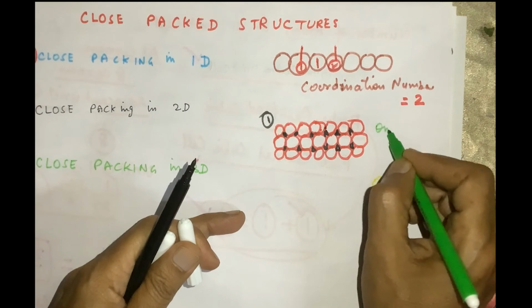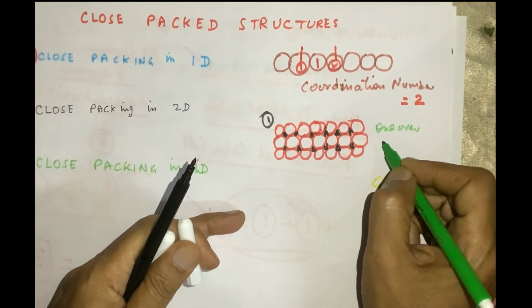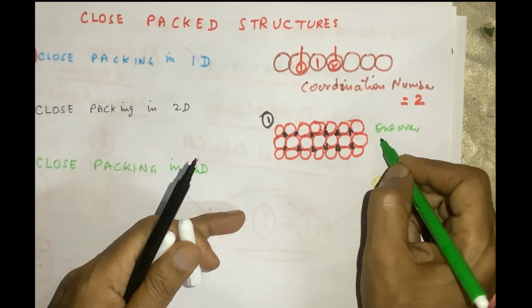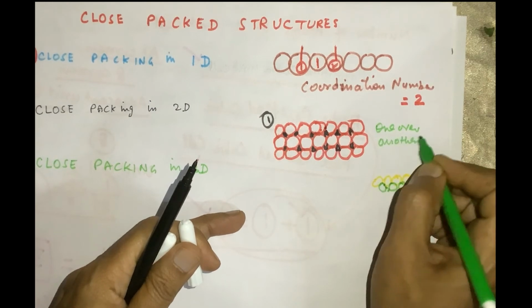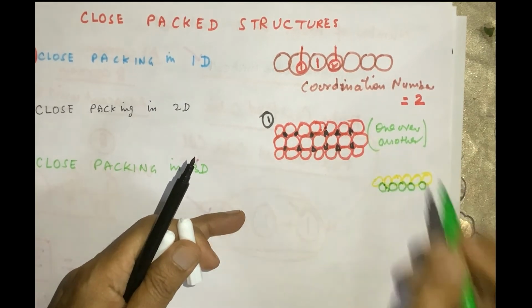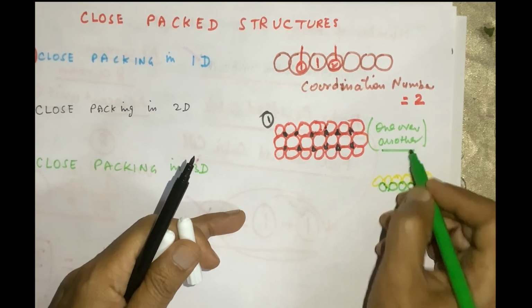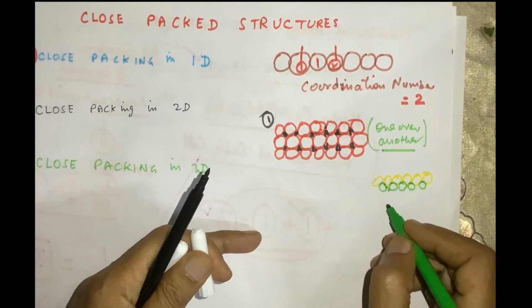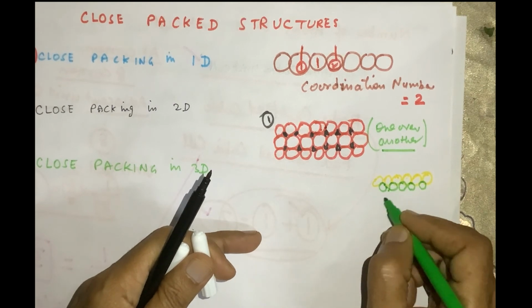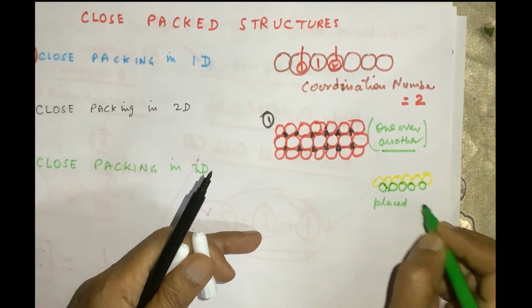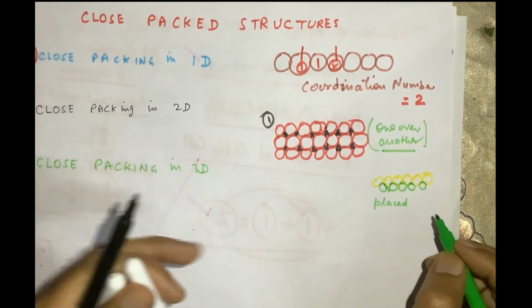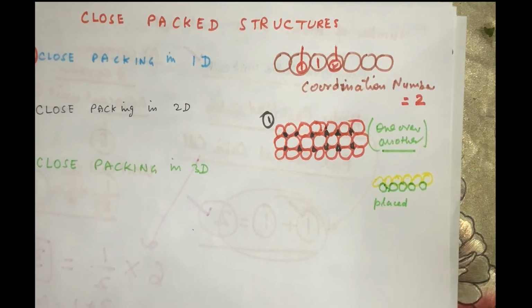In the first case, one over another was placed, and here the other layer is placed with one particle at the empty space of the first row.